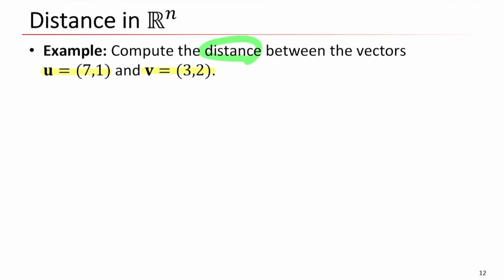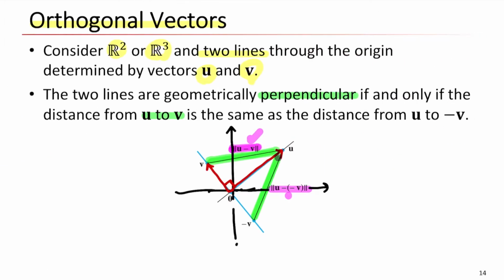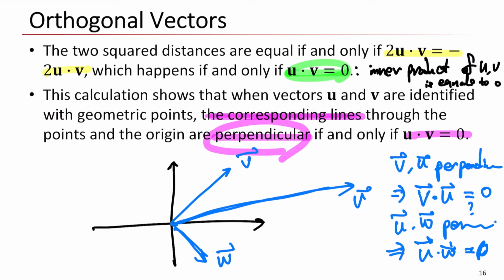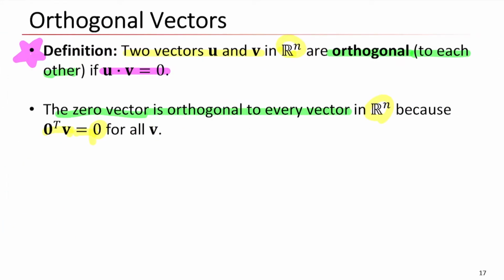right? So here was the definition, and then there was one more concept called orthogonal vectors, right? If the vectors u and v are perpendicular, something like this, these vectors are called orthogonal, right? In other words, the inner product of u and v is equal to 0, and two vectors u and v in Rn space are orthogonal to each other.